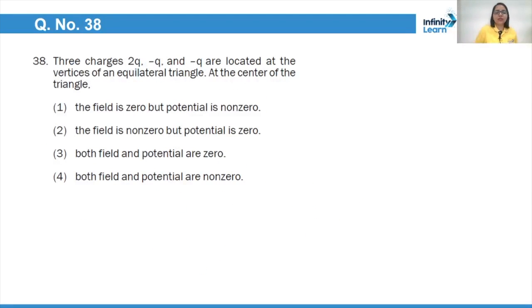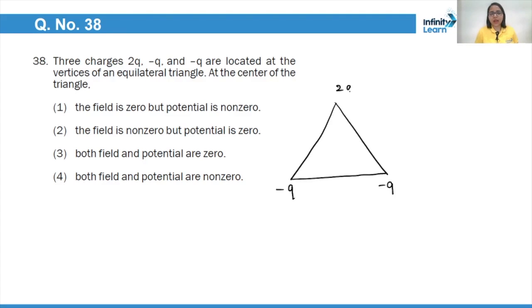Question number 38. Three charges 2q, minus q and minus q are placed at the vertices of an equilateral triangle. At the center of the triangle, if you look at the center, electric field due to this minus q will be towards itself, and because of plus 2q it will be away from it, right? So net effect will not be 0.